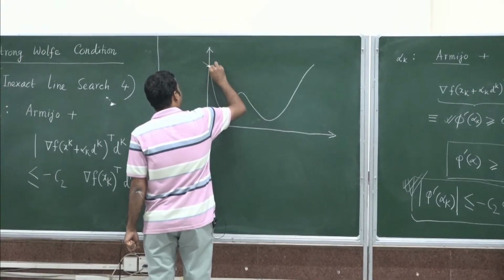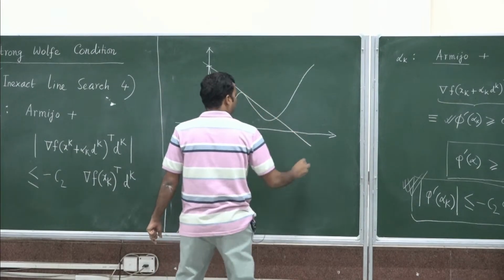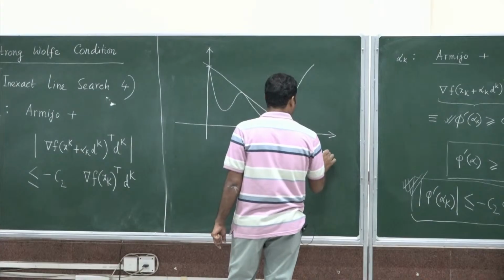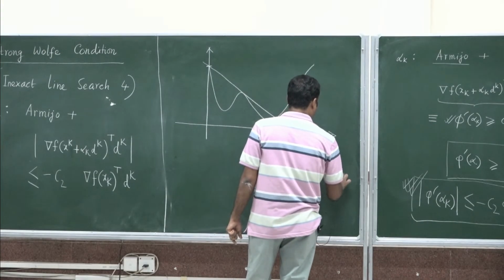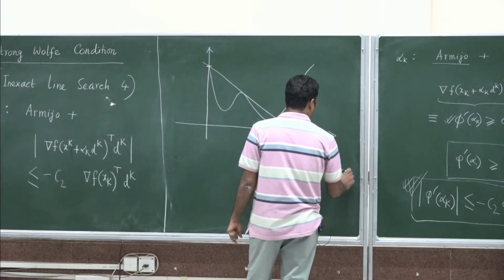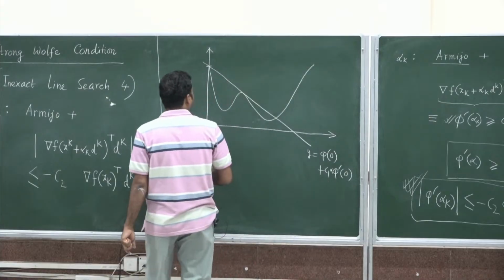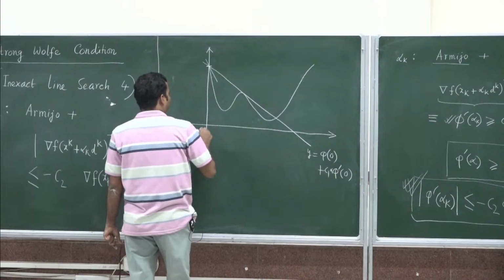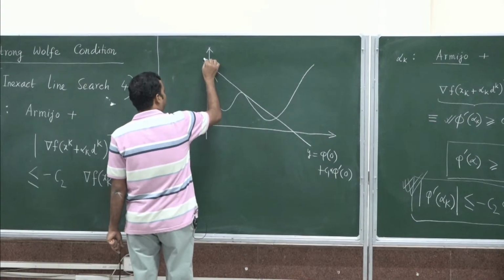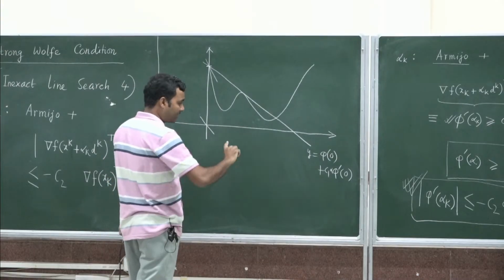Here was c1 times, this one was phi 0 plus c1 times alpha into phi dash 0, and now c2 times was this slope.